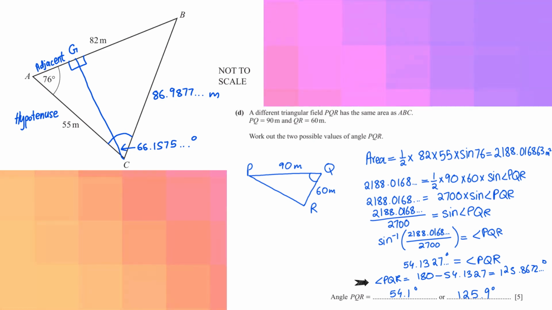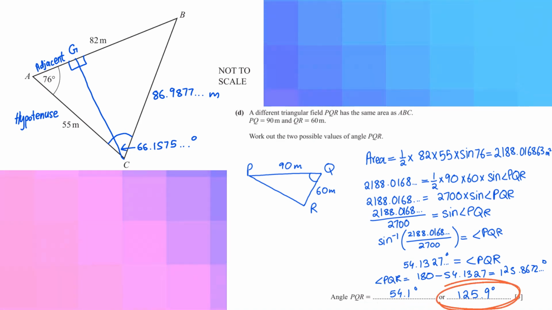This is because the sine of an angle can have two values, one for an acute angle and one for an obtuse angle. So, subtracting the acute angle value that we just got from 180 gives us 125.8672, and so on. So, rounding off our values, we get 54.1 as one of our values rounded off to 3 significant figures.